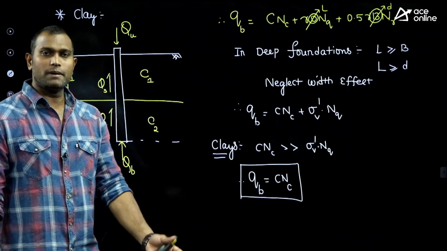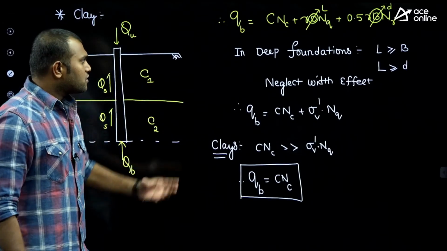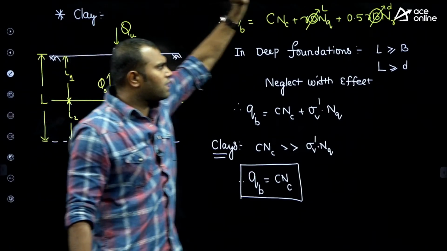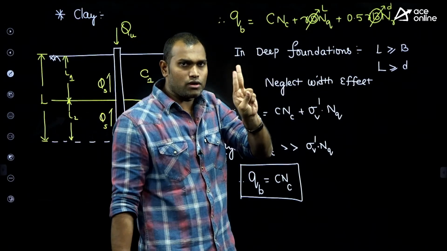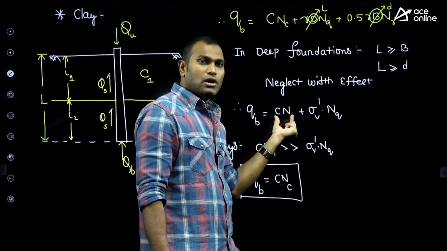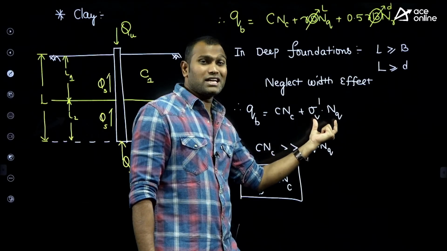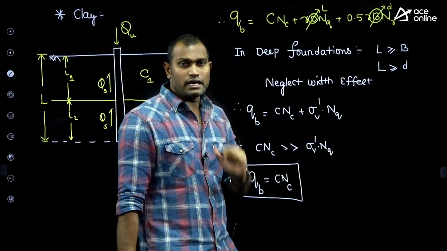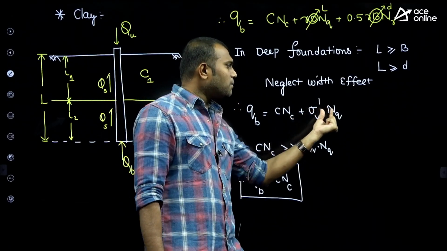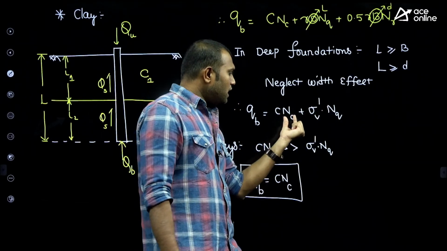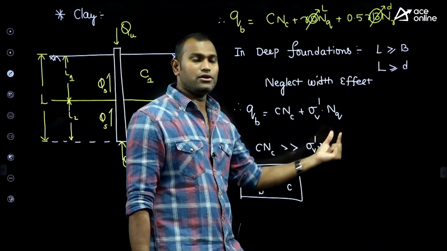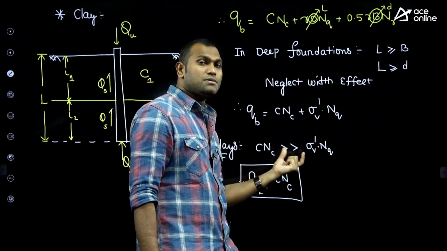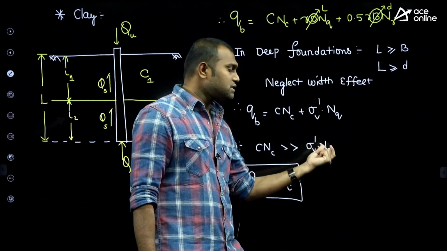In deep foundations you basically neglect the width effect, so there are only two effects: the cohesion effect and the vertical stress effect. We don't call it a surcharge effect here. In clays, the NC value is much greater than the NQ value, so CNC is much greater than the vertical stress into NQ.